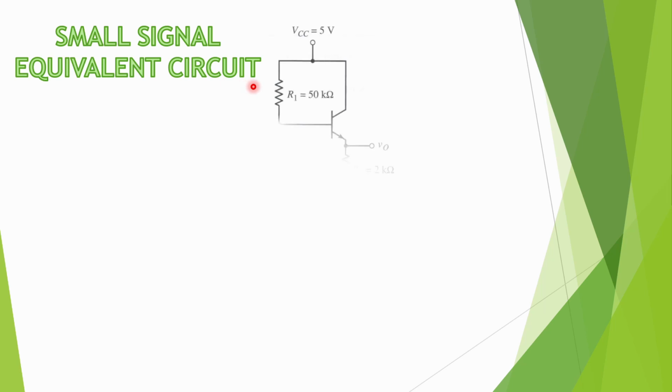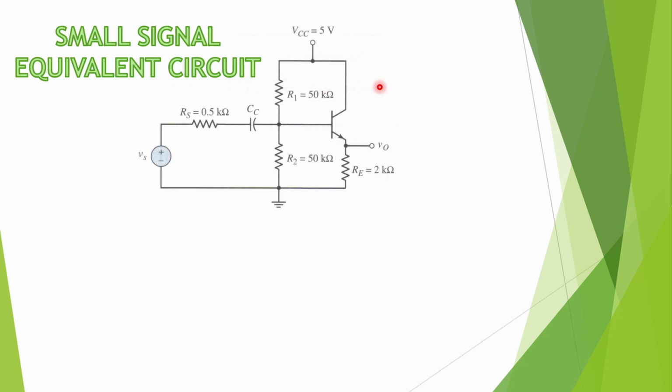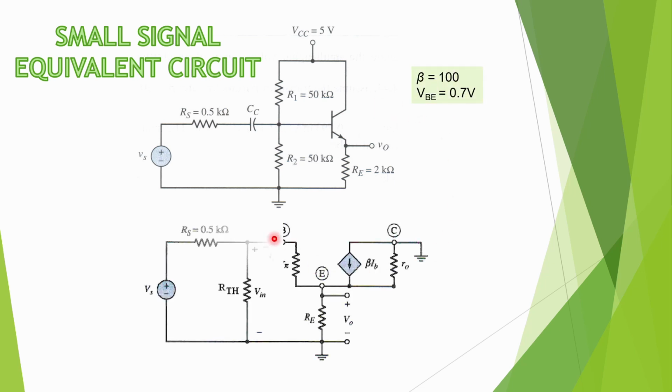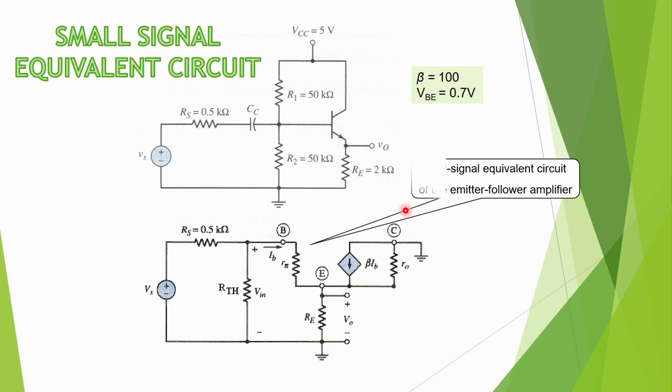So now we will see the small signal equivalent circuit of the common collector amplifier. This is the circuit we saw above, right? Now let's derive the small signal equivalent circuit. The circuit shown here is the small signal equivalent circuit.